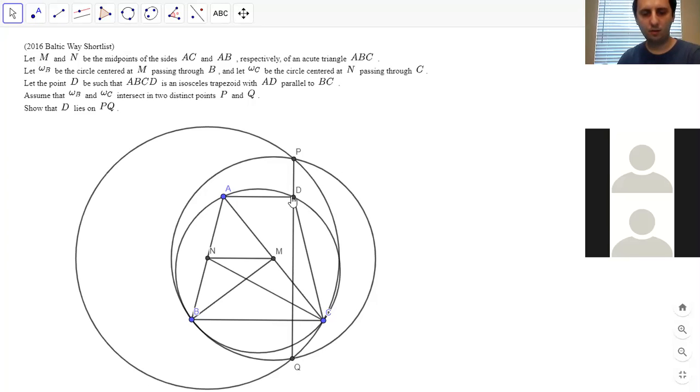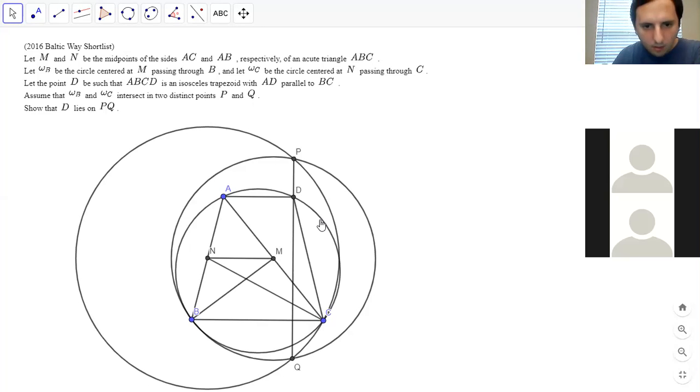Okay. So we need to show D lies on the radical axis of the two circles, which means the power of D to both circles is the same. So the power of D with respect to the circle M is DM squared minus MB squared.